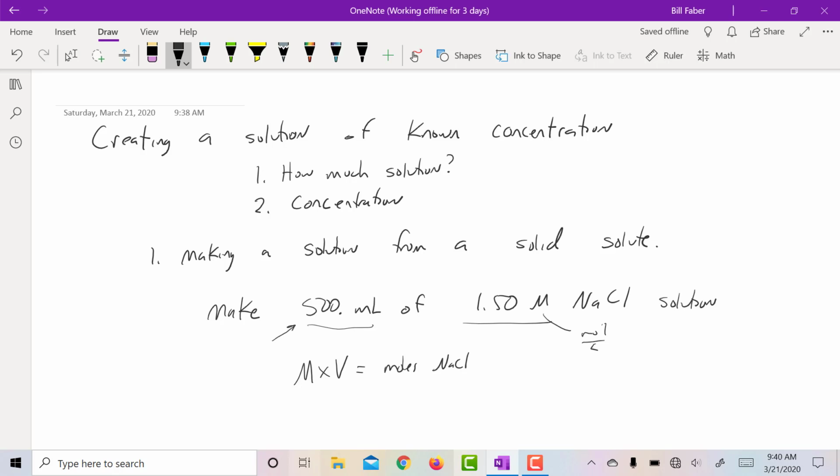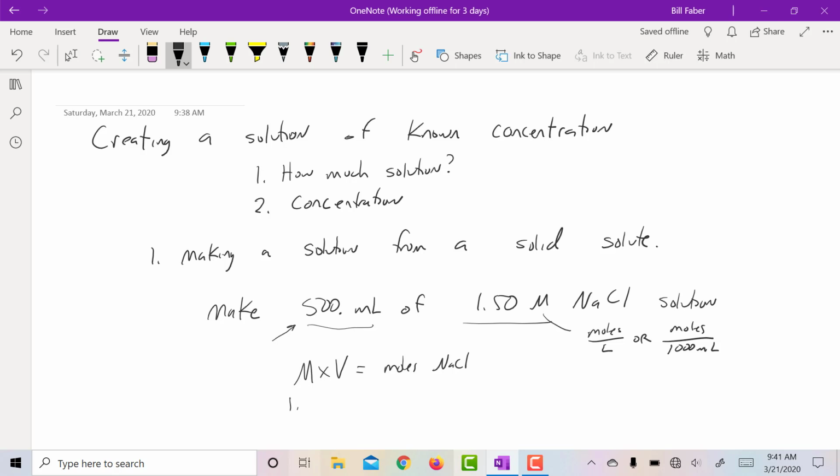I always think the best thing to do, if I'm going to multiply molarity by something, is that this can be moles per liter, or it can be written as moles per 1,000 milliliters. That's typically how I do the conversion instead of converting this to 0.5.